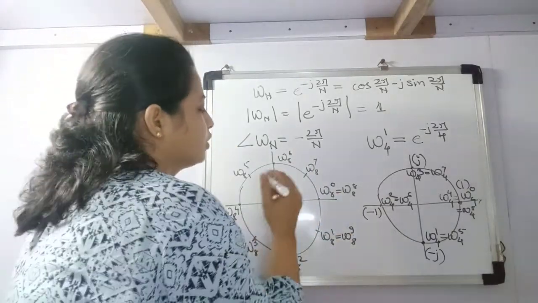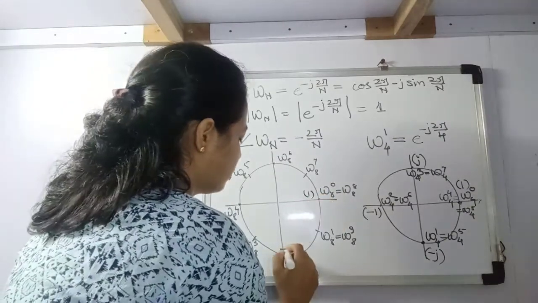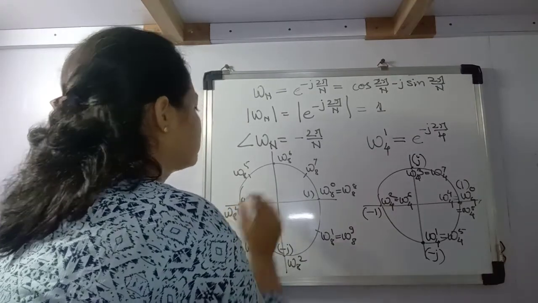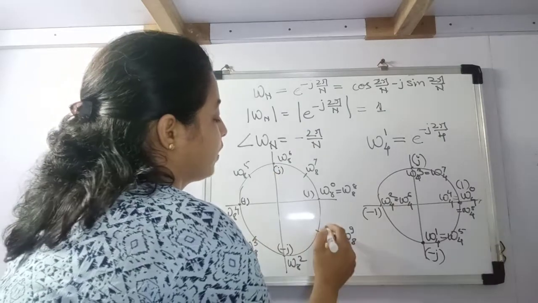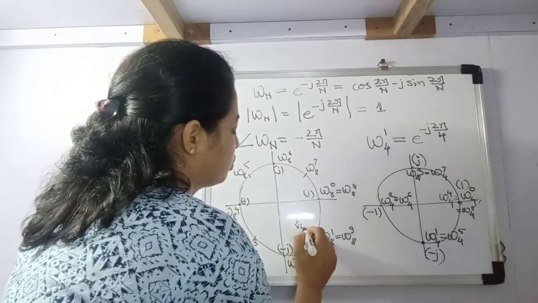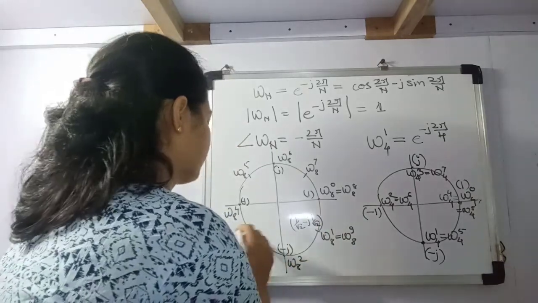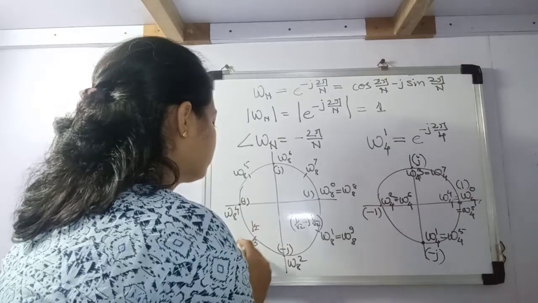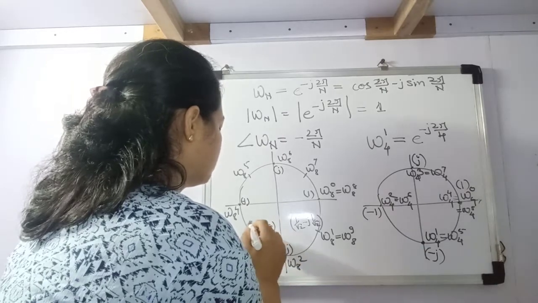Okay, so I'm writing here the values. This value is 1, this value is minus j, this value is minus 1, this value is j. This value at this point is 1 by root 2 minus j 1 by root 2. This value is minus 1 by root 2 minus j 1 by root 2.